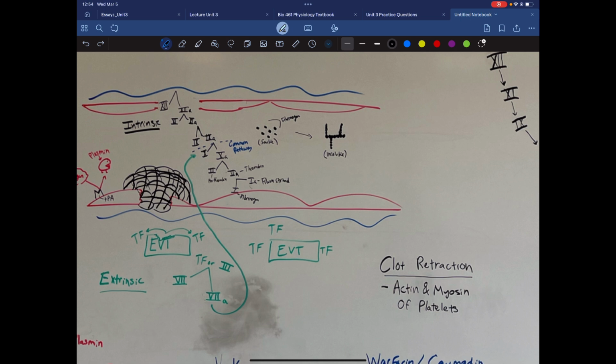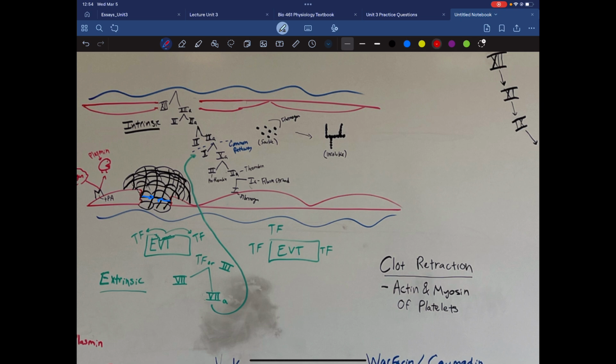I think I want to draw this. Let's do blue. This will end up bringing this side of the endothelial cell and this side, or layer, together, because as the myosin and actin do their thing, they shorten and close this gap.